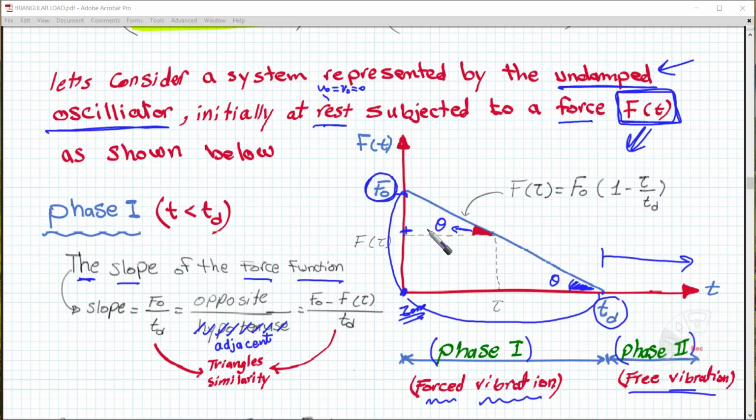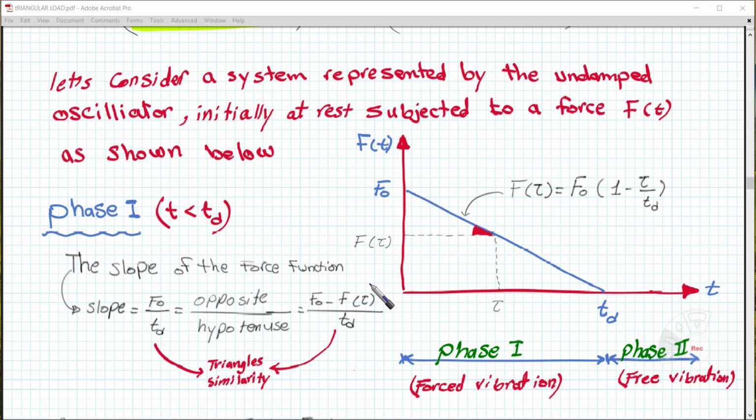This portion is the value of the force at any point tau, where tau is between 0 and td. Let's remove everything here. So we have f of tau at time tau between 0 and td.